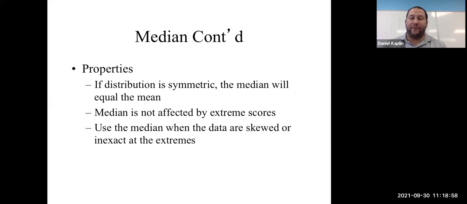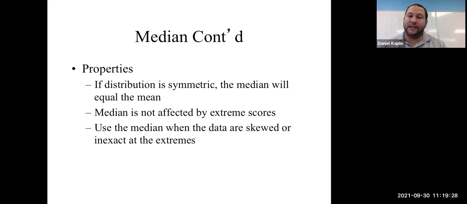So if you have a positively skewed distribution, the average is going to be brought up by a few really large scores. If you have a negatively skewed distribution, the average is going to be brought down by a few extreme scores.